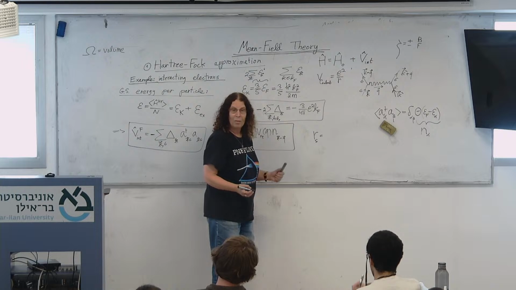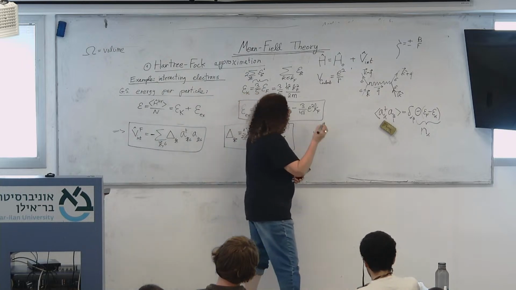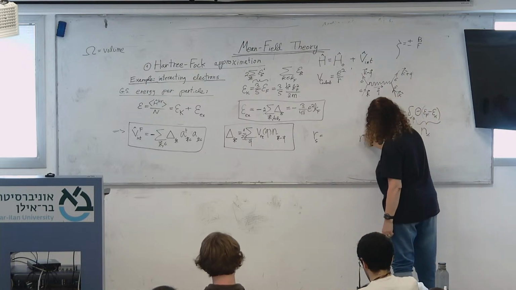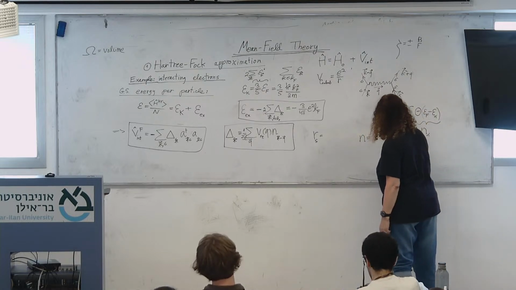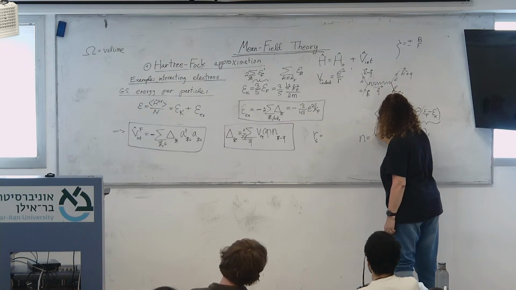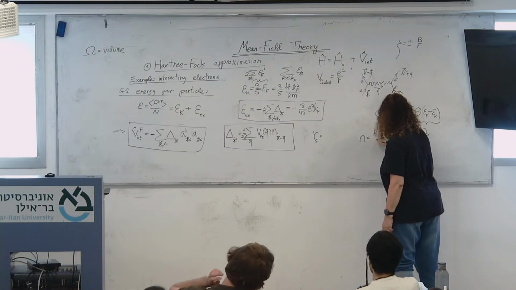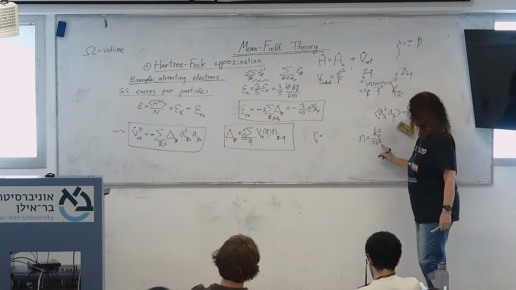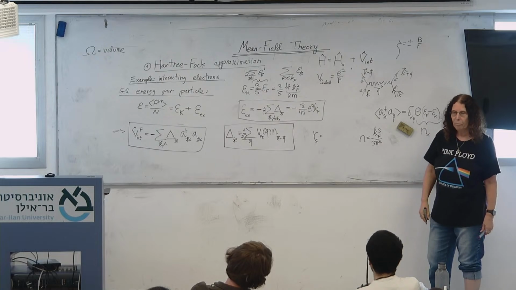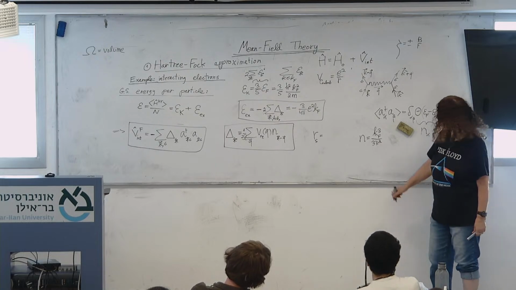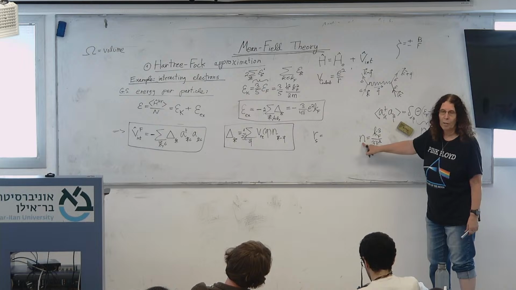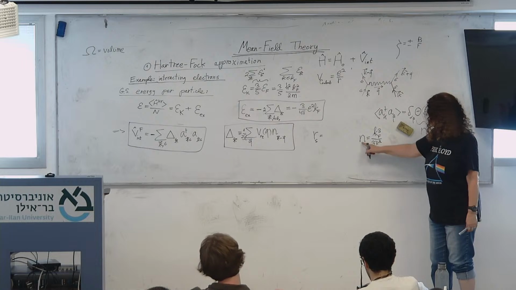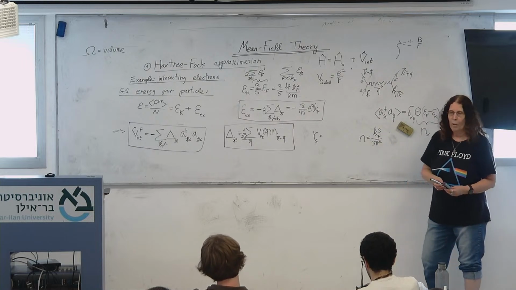Let me remind you of another thing that you forgot from the free electron gas. There is an expression for the density, which in 3 dimensions is Kf cubed over, if I'm not mistaken, 3 pi squared. Remember this? This is the density of electrons in a free electron gas with Fermi momentum Kf.